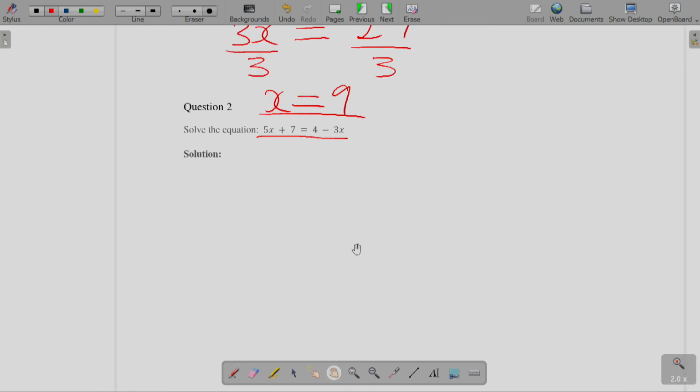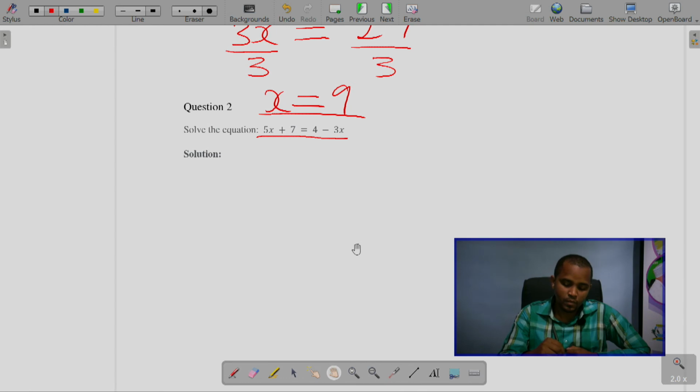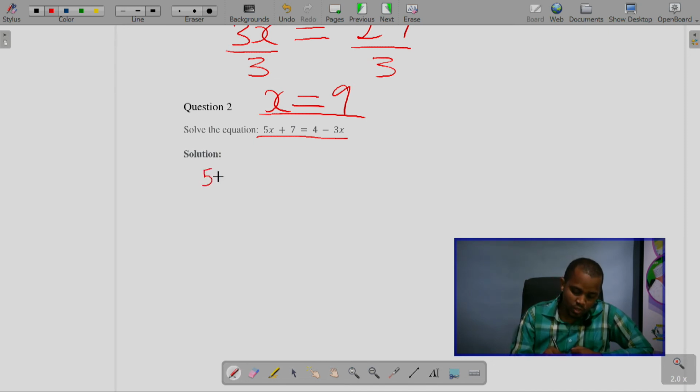So in order to solve this equation, we are required to follow the following steps. So the first step is to write the equation given, which is 5x plus 7 equal to 4 negative 3x.